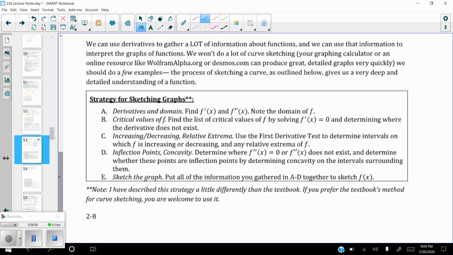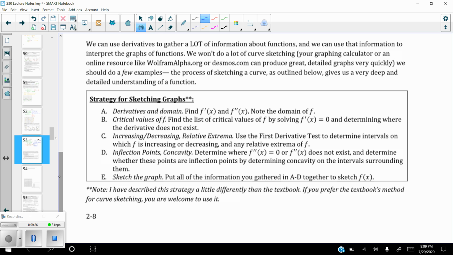So remember, strategies for sketching the graphs. You want to find the derivatives and the domain: find f prime, find f double prime, and note the domain of f. You want to find all the critical values which come from f prime either equaling 0 or does not exist. That'll give you where it's increasing and decreasing. You can get the relative extrema, maxes and mins, and you can use the first derivative test to find that.